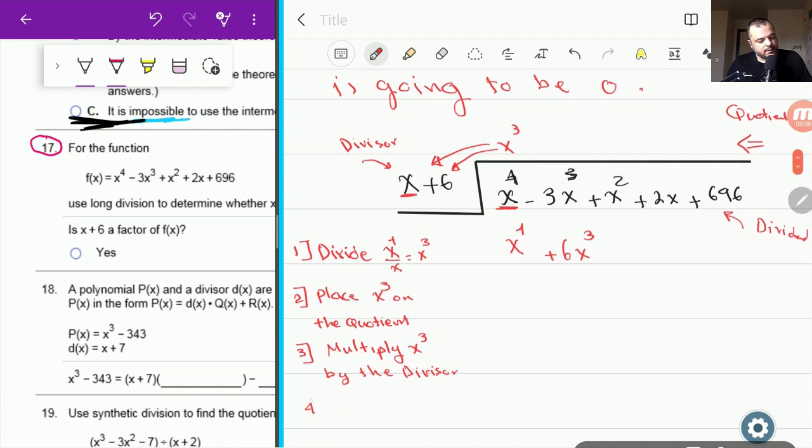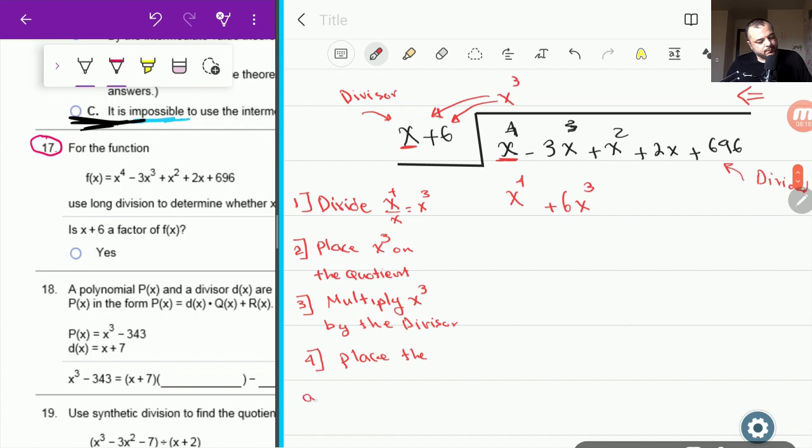Then you got an answer. Where to write the answer? Place the answer underneath the dividend.